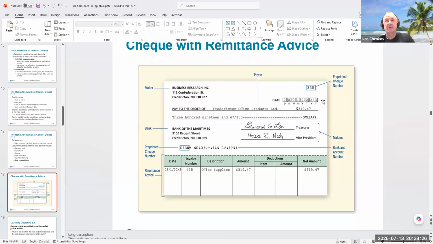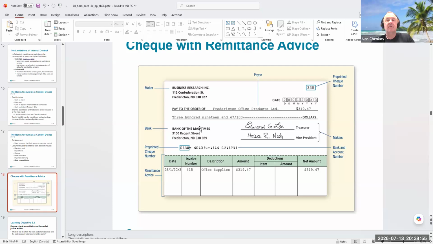Date, which has to be filled in. Pay to the order of: that's where the name of whoever you're paying the money to has to be written. Amount in Arabic numbers. And after that, you have to write down the amount in words as well, in the language that you want to communicate in with the bank.